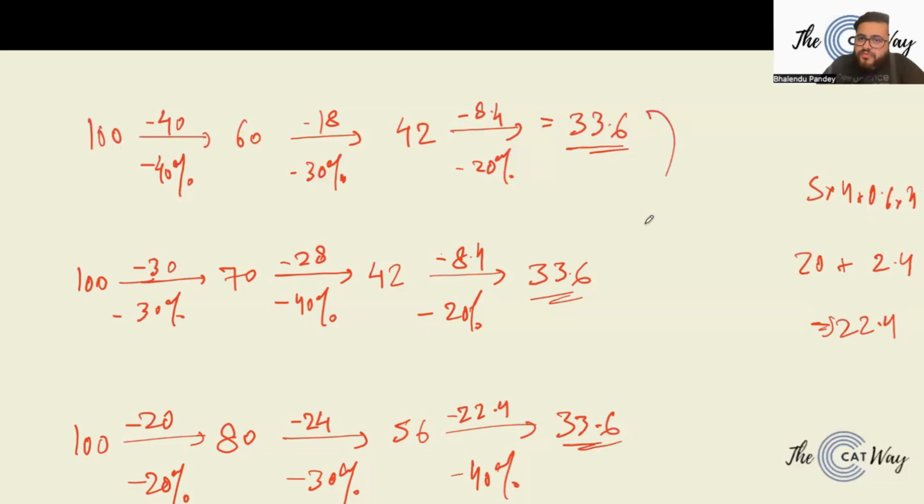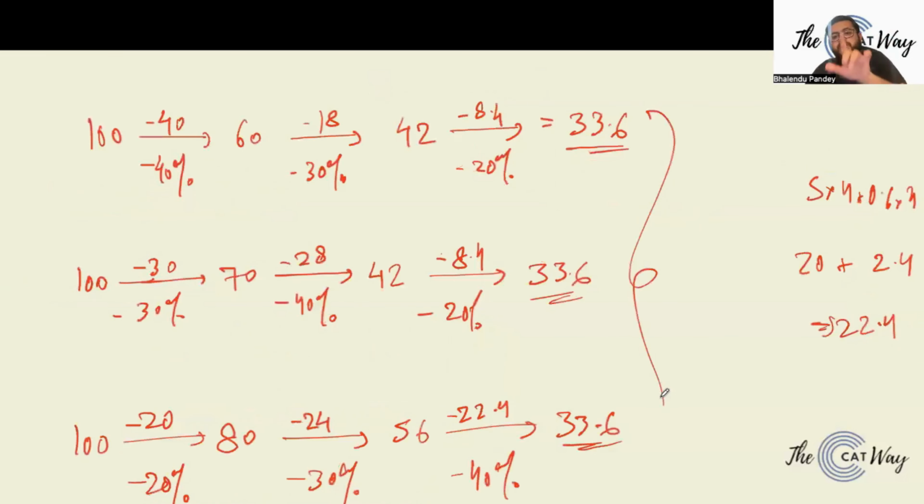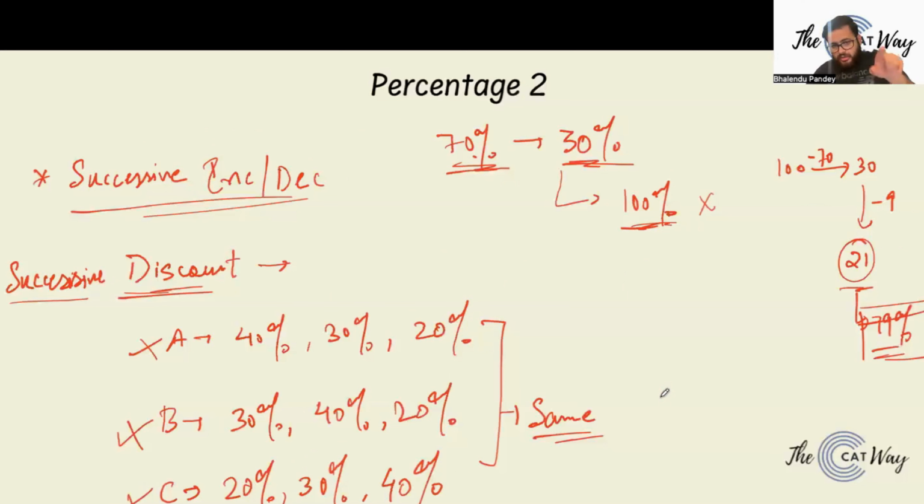So no matter which shopkeeper you go to, eventually you are going to pay the same price. If the successive discounts offered, no matter in what order they are, if the values are equal, you will be paying eventually the same price at every single place. So what does successive discount mean?